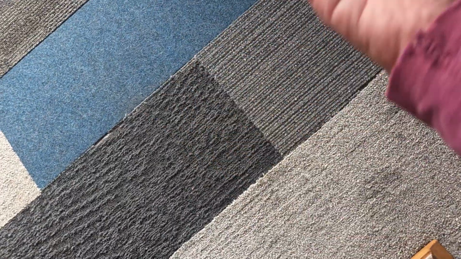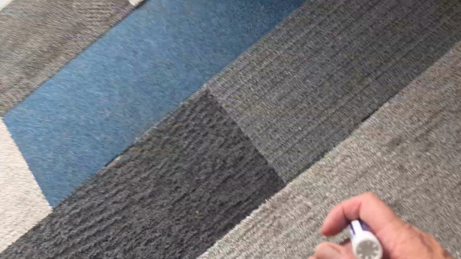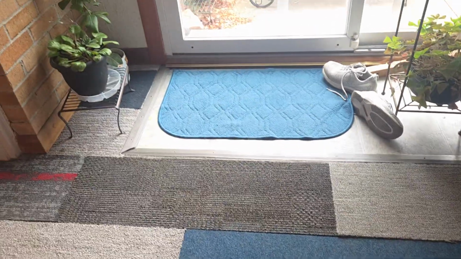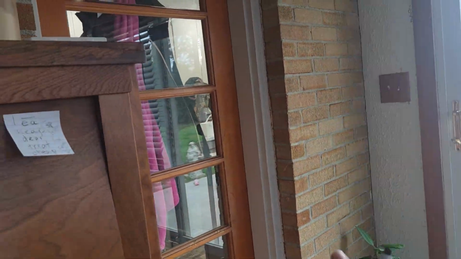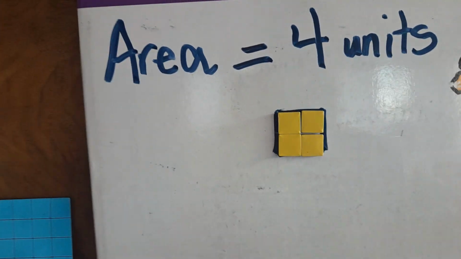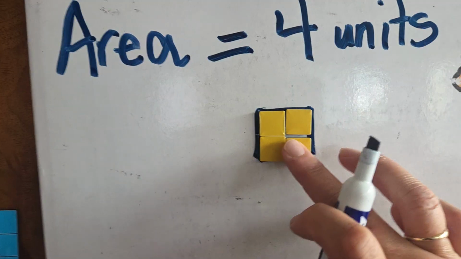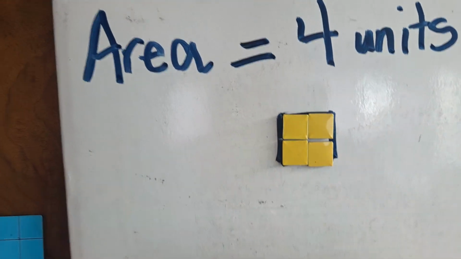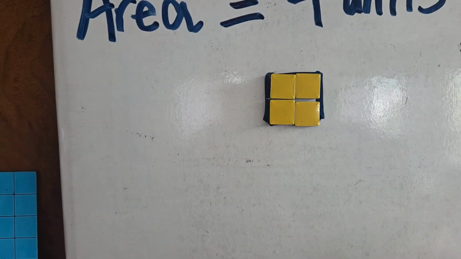This carpet is covering an area. There's floor underneath there. That rug over there is covering an area. These bricks are covering an area. Area is the space underneath.